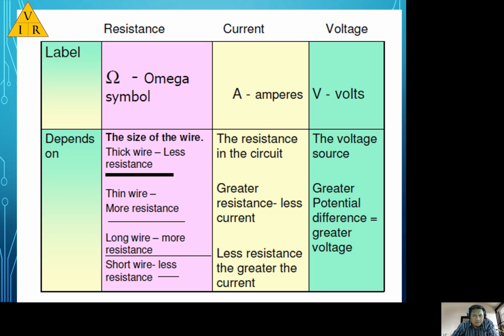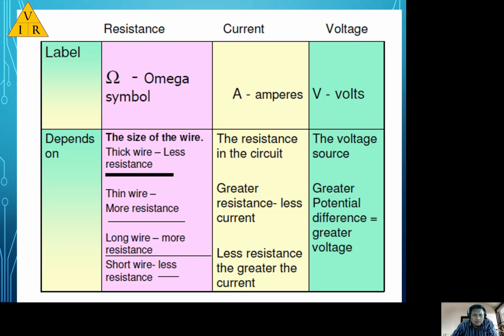Resistance, label, omega symbol. Current, A, amperes. Voltage, V. The size of wire: thick wire, less resistance. Thin wire, more resistance. Long wire, more resistance. Short wire, less resistance.